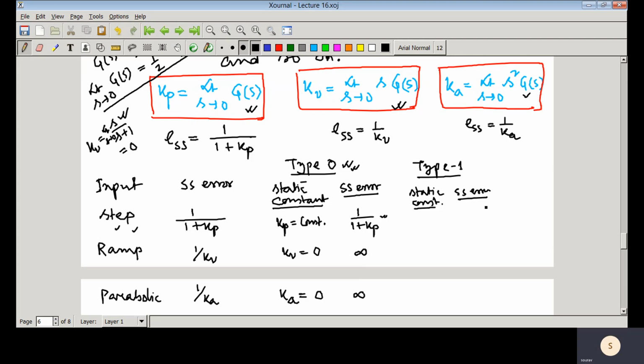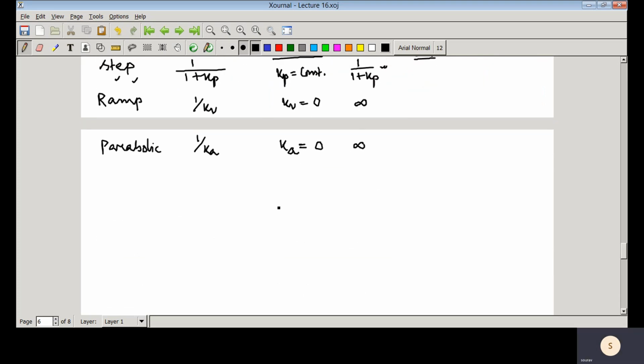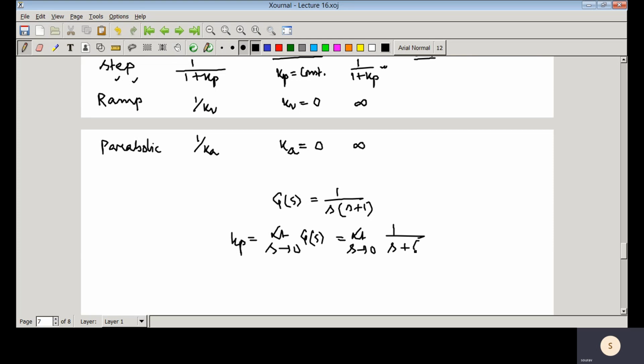You can see, whenever type 1 system, suppose Gs equals 1 by s into s plus 1, that is a type 1 system. So now limit s tends to 0 of Gs is Kp. Then we can see here that limit s tends to 0 of 1 by s into s plus 1 is equal to infinite.